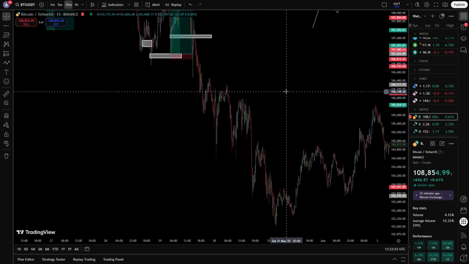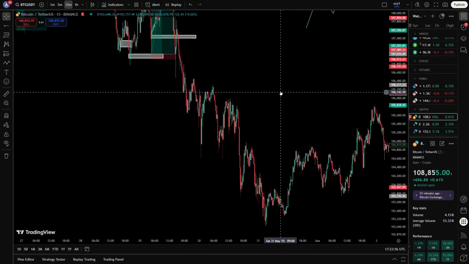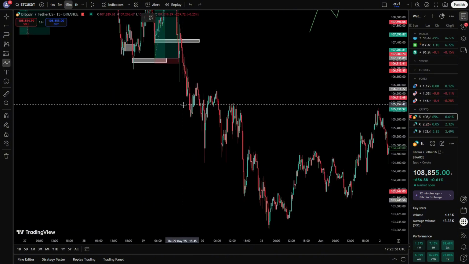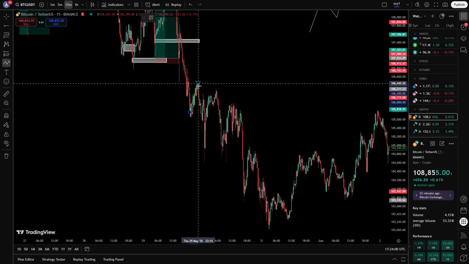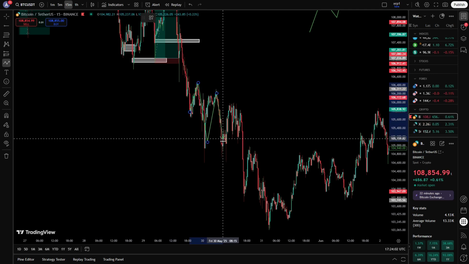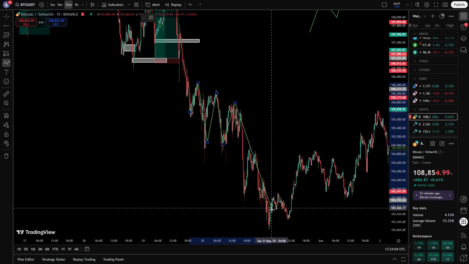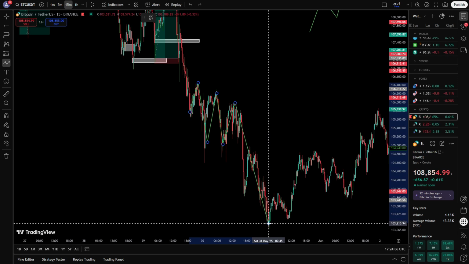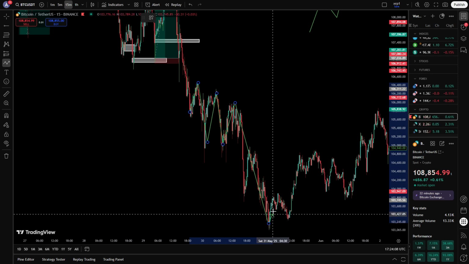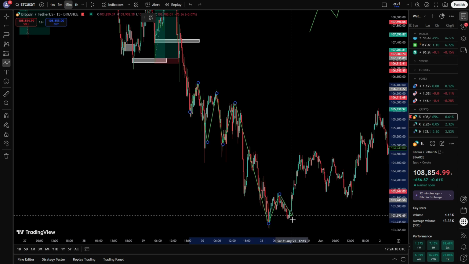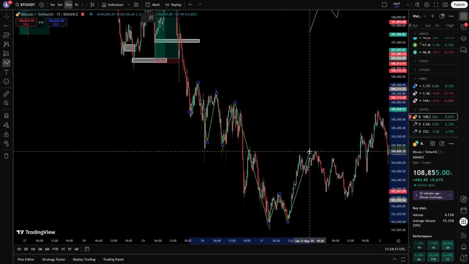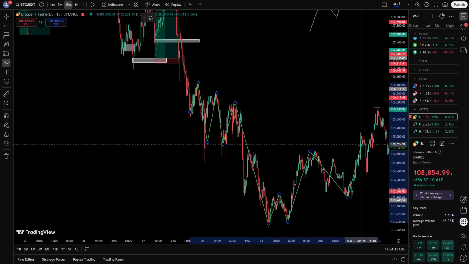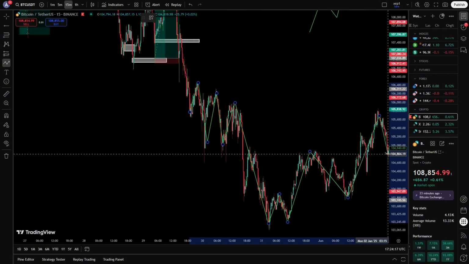Here, kind of. It's not so clear. You can see it's a downtrend. Lower high, lower low, lower high, lower low, lower high, lower low, etc. And here it makes a higher high, lower high, higher high, lower high, higher high, lower high.